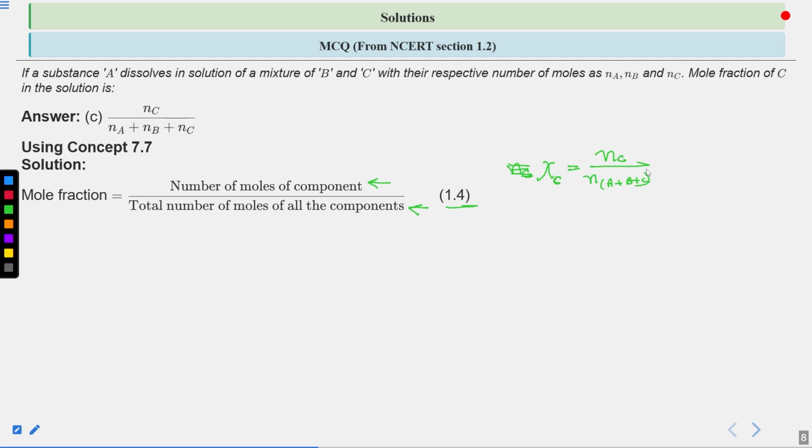So this is the correct formula for the mole fraction of our component C.